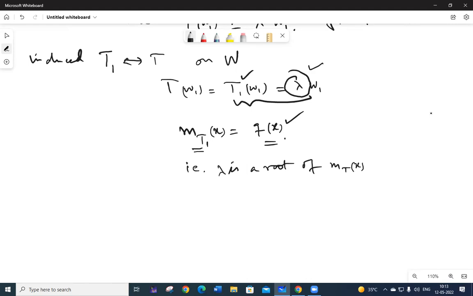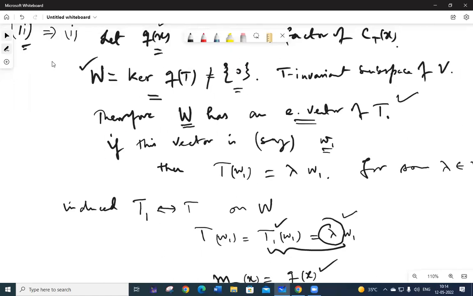X minus lambda divides QX. So if x minus lambda divides QX, that means QX is being split, because QX was initially taken as an irreducible factor.